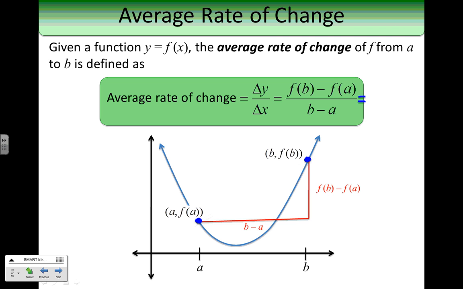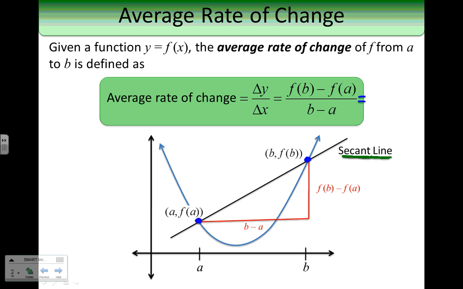Okay, so let's see that again. I want to find the average rate of change between these two blue points on my function. So all I'm going to do is draw a line between them and find the slope. That line has a fancy name, the secant line, but all I'm doing is just picking 2 points on my graph, drawing a line between them, and finding the slope.